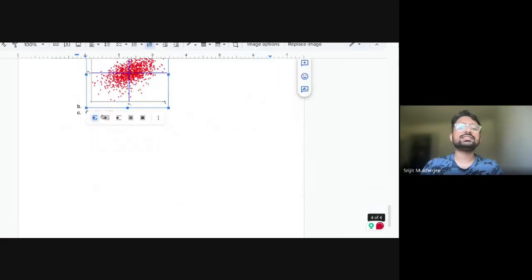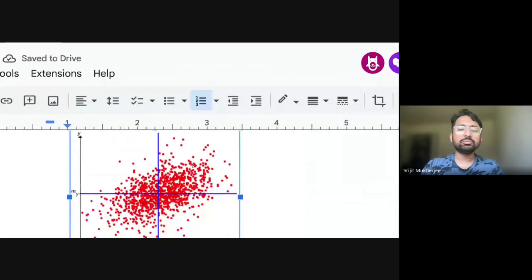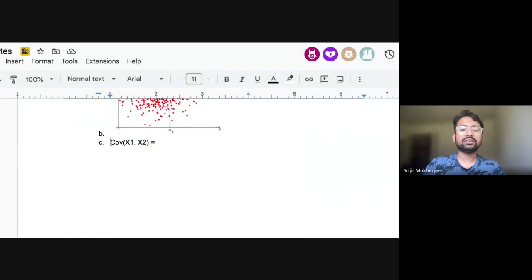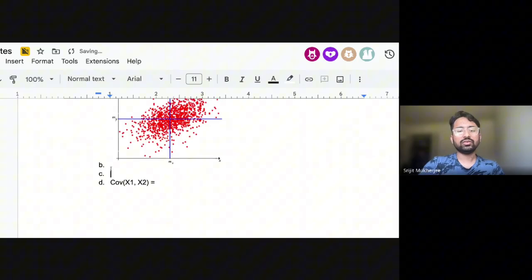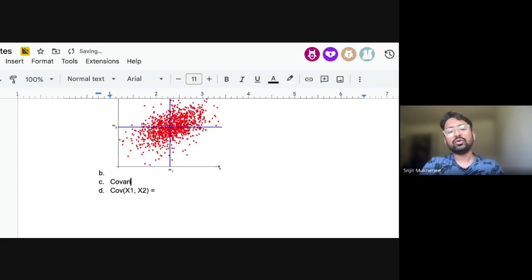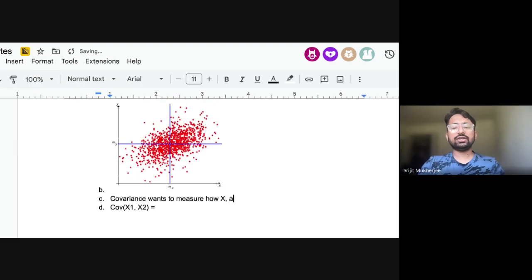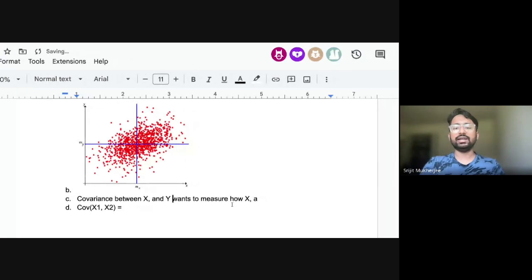Covariance is nothing but we want to measure how covariance between x and y wants to measure how x and y move together.